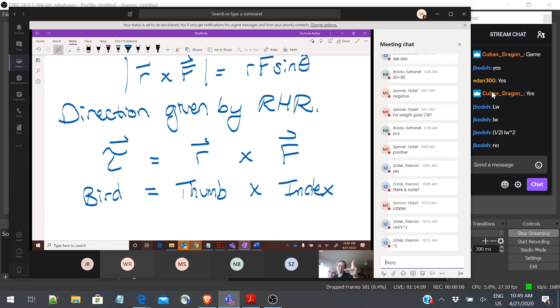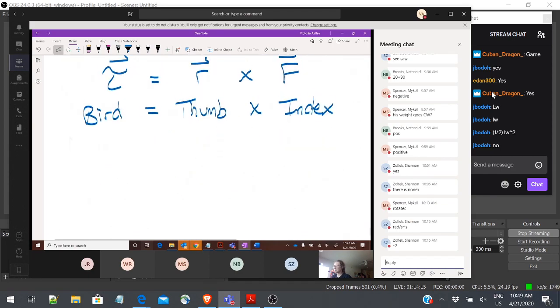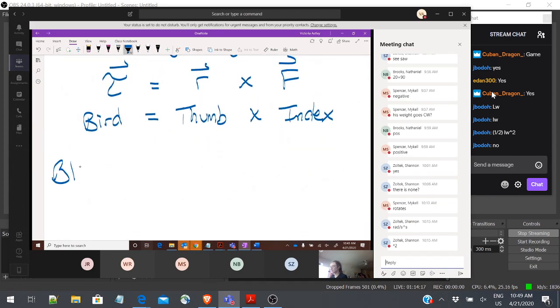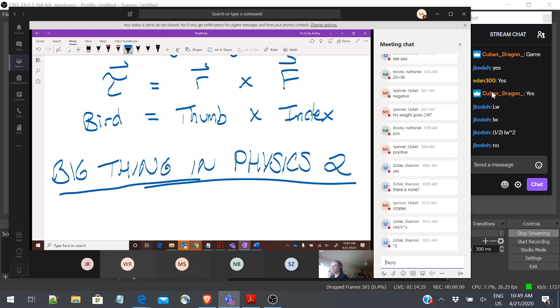Okay. So the reason I'm trying to squish this in at the very end of the semester is that this is a big thing in physics too. Not immediately, but when you get to the magnets, it is like all cross products all the time.